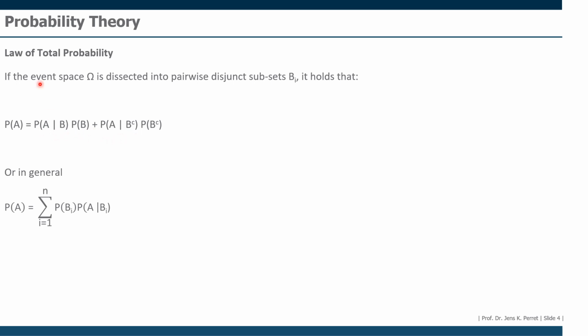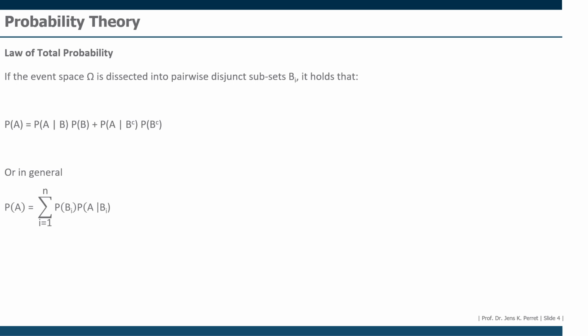In other words, the law of total probability is nothing else than the weighted average of all the conditional probabilities. A slightly different way of thinking about this, but for some people this makes a bit more sense than considering it as the probability of A and B happening, plus A and B complement happening. Well, that was the law of total probability.